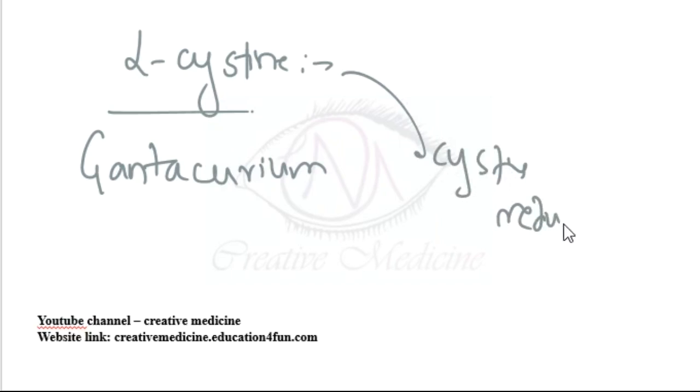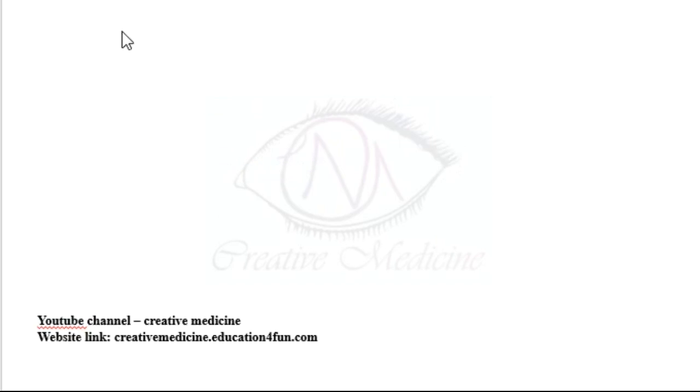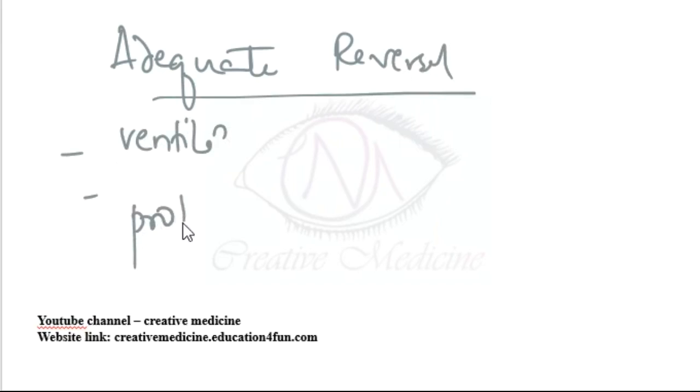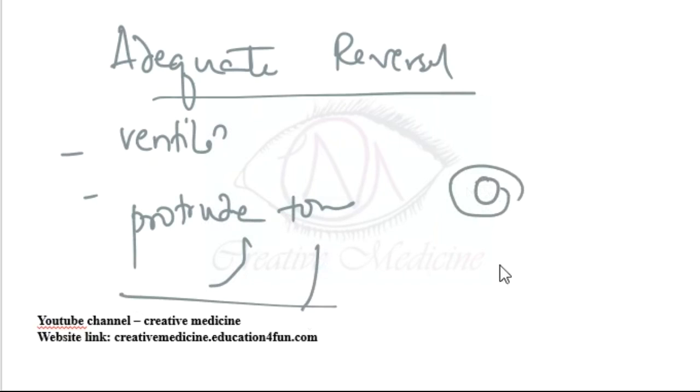Signs of adequate reversal. The signs of adequate reversal include clinical signs like adequate ventilation, the patient being able to protrude the tongue, able to lift the leg and hand, able to open his eyes or lift his head for more than 5 seconds, and able to clench the tongue depressor between the incisors, which is better than head lift.